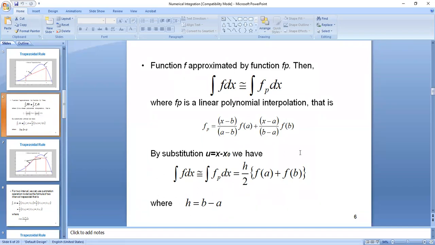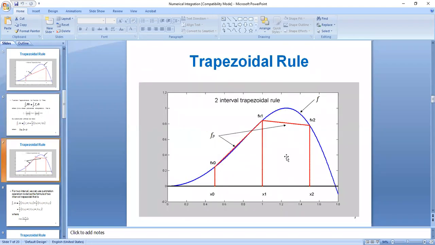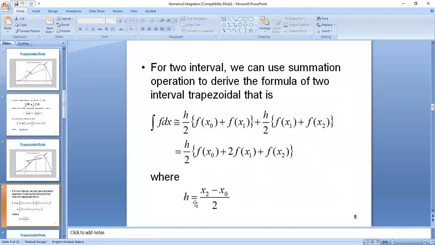You only have one trapezoid in this case, but that's very seldom, class, that you will approximate the area of your curve using one trapezoid. As much as possible, we want more trapezoids. That way the sum of those trapezoids will be more or less the same as the area of the curve. If you have 2, that would be it, and this is your formula.